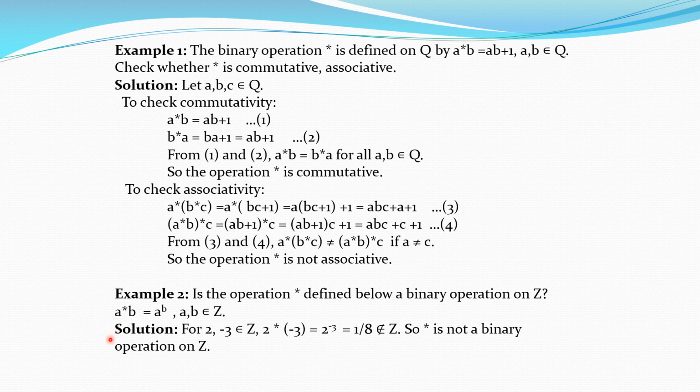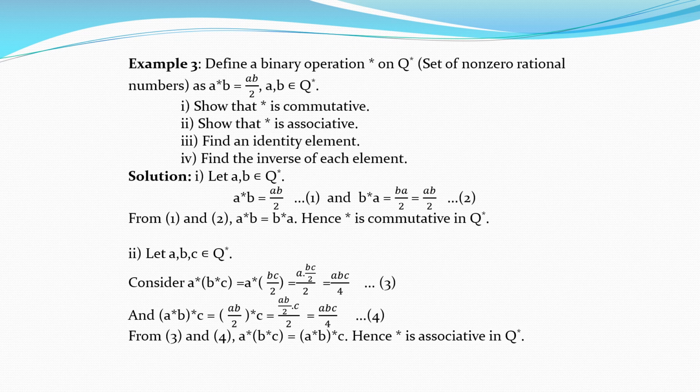For example, if I consider a as 2 and b as minus 3, then 2 star minus 3 is by definition 2 raised to minus 3. So 2 raised to minus 3 is nothing but 1 upon 2 raised to 3, which is 1 by 8. And 1 by 8 is not an integer. So star is not a binary operation on Z.